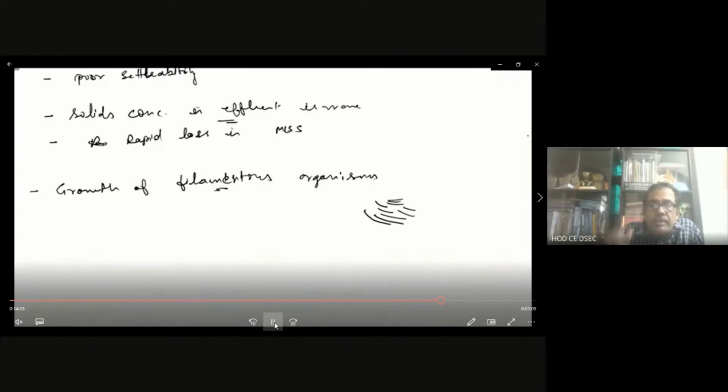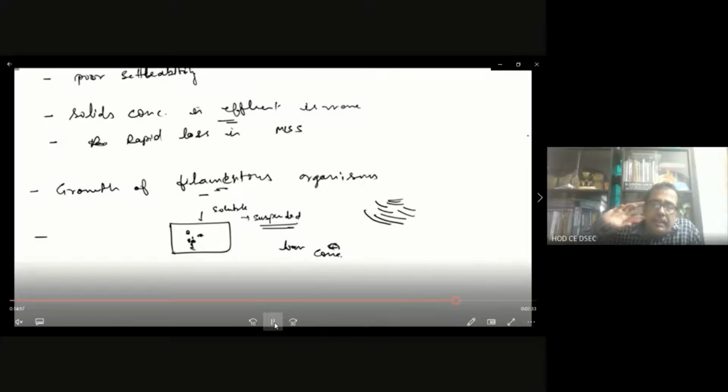You see, I am showing you how the filamentous bacteria look, and if this filamentous bacteria is more, then what will happen? They will themselves create a structure, and the flock will not form, because when the dissolved colloidal matter is absorbed by the bacteria, if more filamentous organisms are there, they themselves form a structure, and it will be very difficult to form a flock.